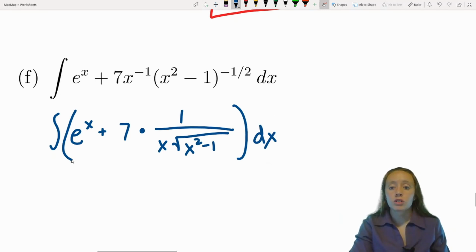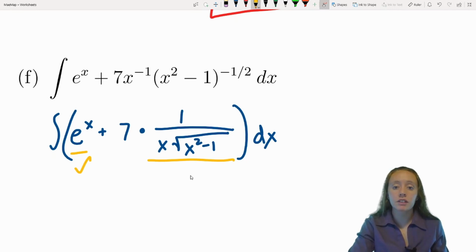And look, do we know how to integrate e to the x? Yes, we do. Do we know how to integrate 1 over x times the square root of x squared minus 1? Yes, we do. And with that 7 out in front, it's just the constant multiple rule. So let's go ahead and integrate each of these parts all together now.